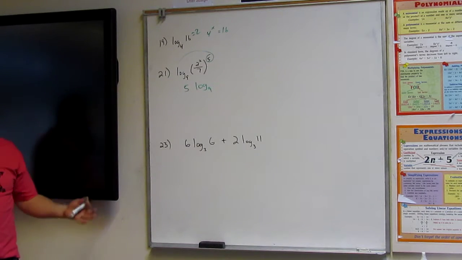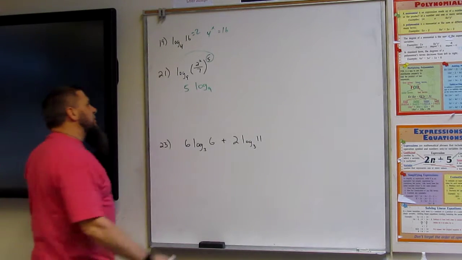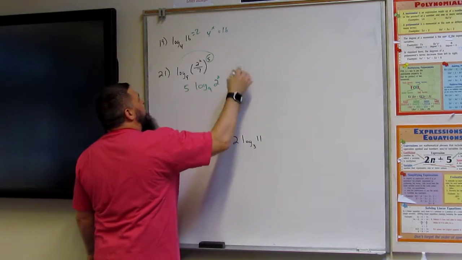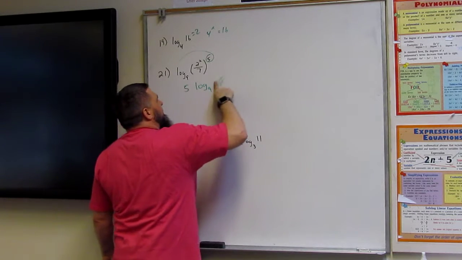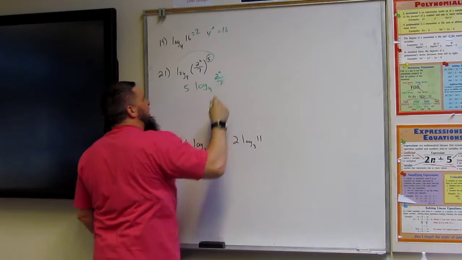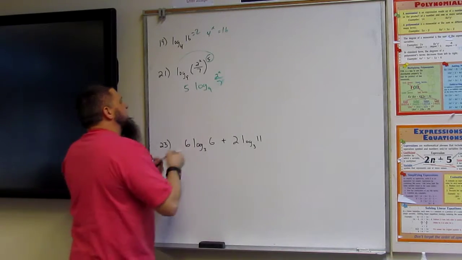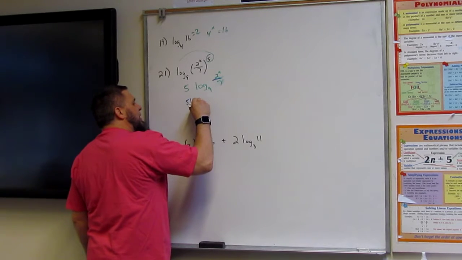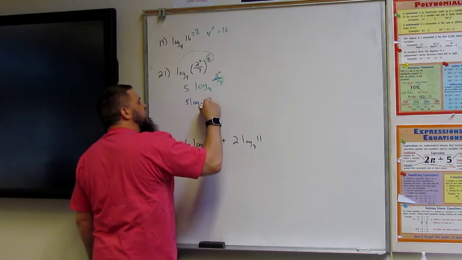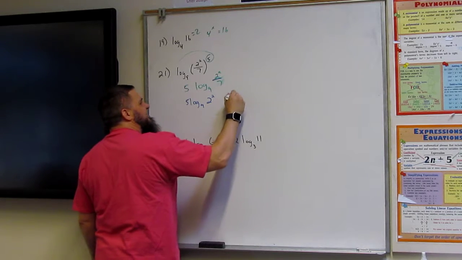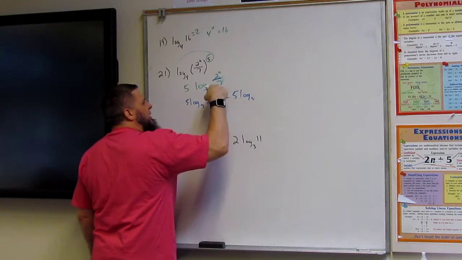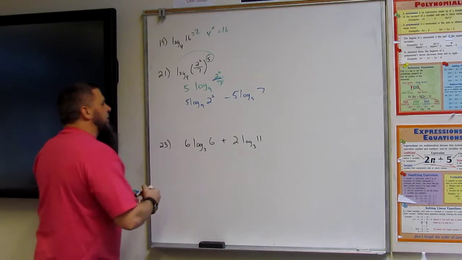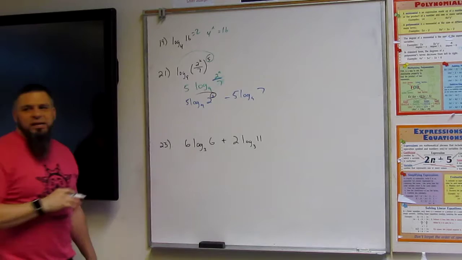Alright, so anyways, you just treat them all separate. Big deal. So it's 2 squared. Kind of silly. Alright, and then, but it's 2 squared over 7, right? Now, this subtraction is what I'm taking care of next. So I'm saying 5 log base 9 of 2 squared minus 5 log base 9 of 7. That's all. Right? And then I go a little further. Oh, I have a little power here that I'm going to take out. Right?